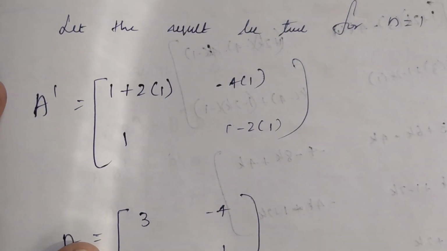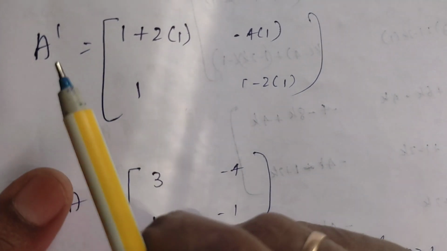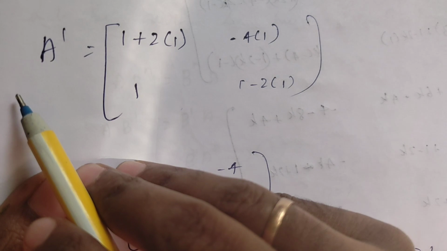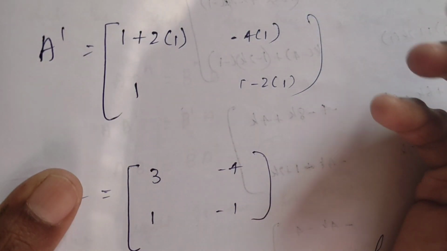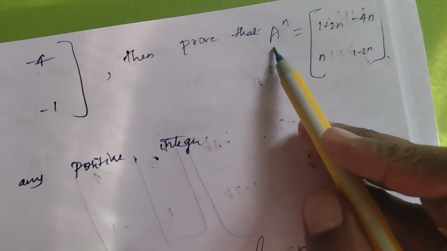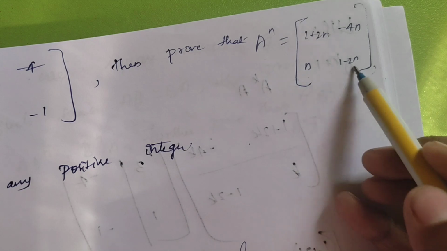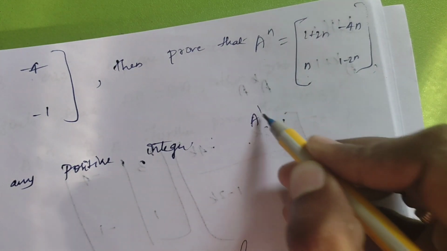Our first step is to prove the result is true for n is equal to 1. So just substitute 1 in the place of n. On substituting in the matrix A per n, which is 1 plus 2n, minus 4n, n, 1 minus 2n, I will substitute n equal to 1.